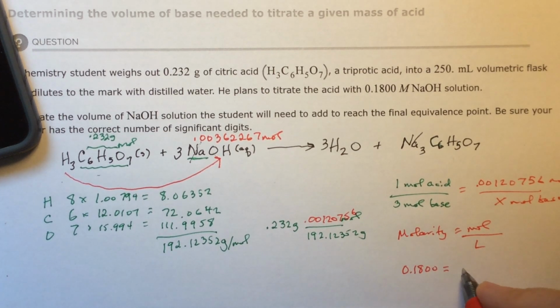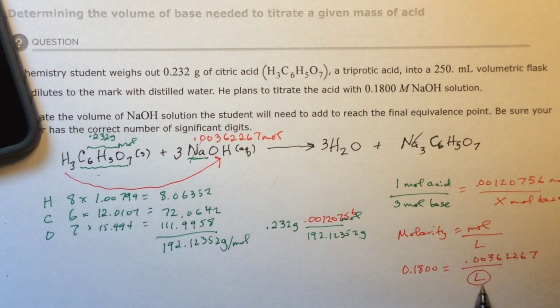Okay, I'm trying to find liters. That's how much. I'm done when I find liters. They're asking me how many liters it is, and then I have moles over liters. So my moles is just what I found out. It is 0.00362267.